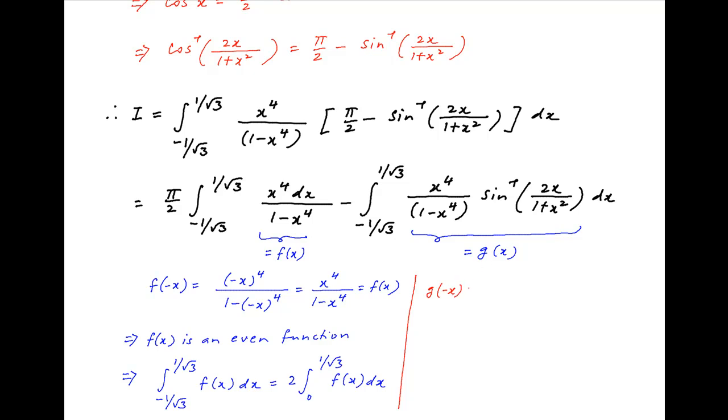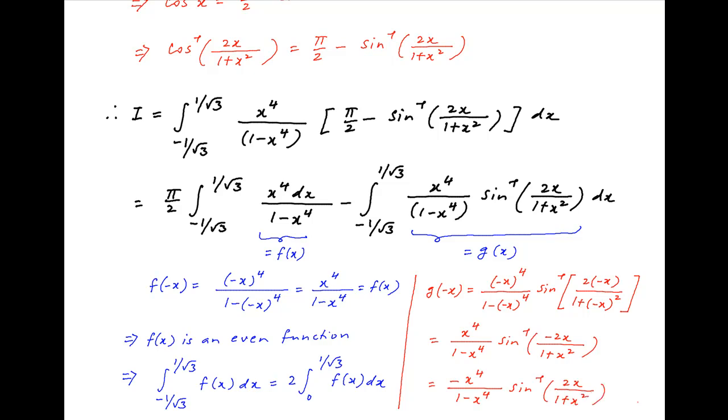Similarly, note that g of minus x is equal to minus x raised to the power 4 divided by 1 minus x raised to the power 4 times sine inverse of minus 2x divided by 1 plus minus x whole square. This is equal to x raised to the power 4 divided by 1 minus x raised to the power 4 times sine inverse minus 2x upon 1 plus x square.